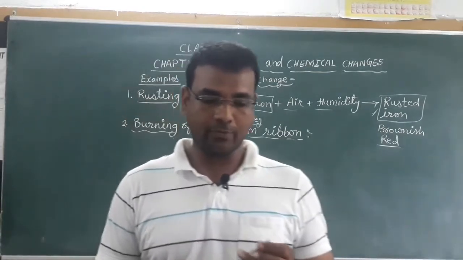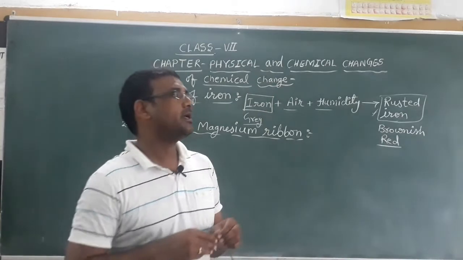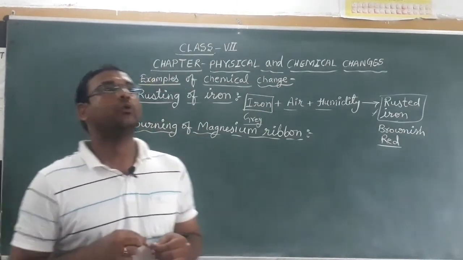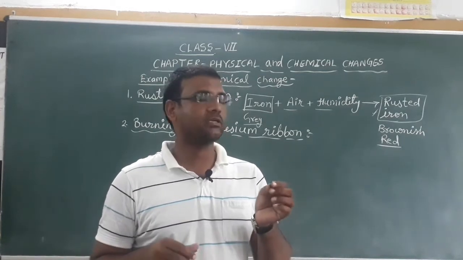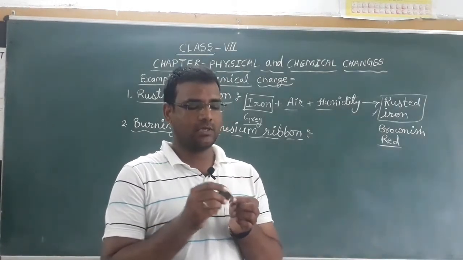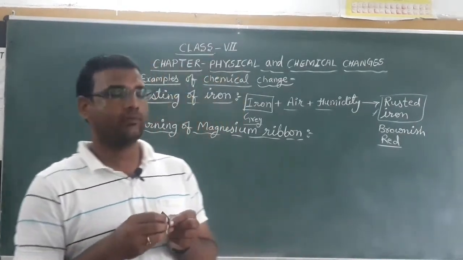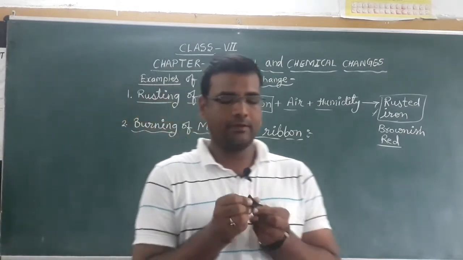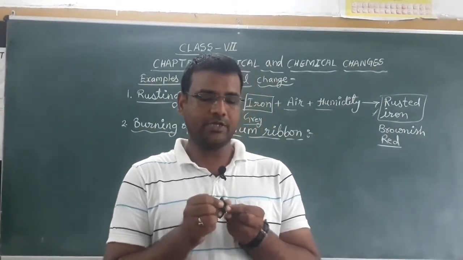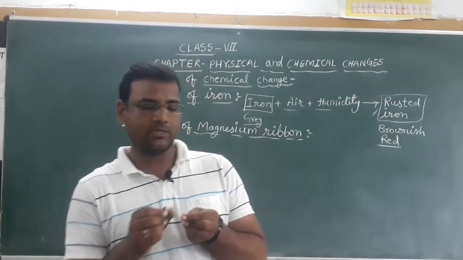Now before performing this activity, we need to use sandpaper to clean the surface of this magnesium ribbon, because this is the sandpaper which I am using to remove some impurities which are present on the surface of the magnesium ribbon.